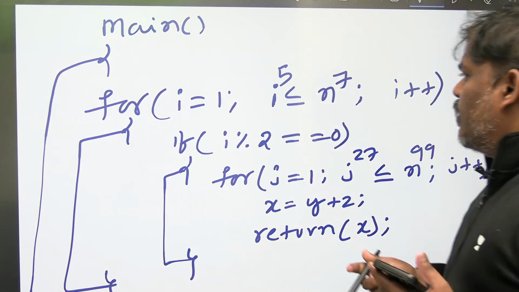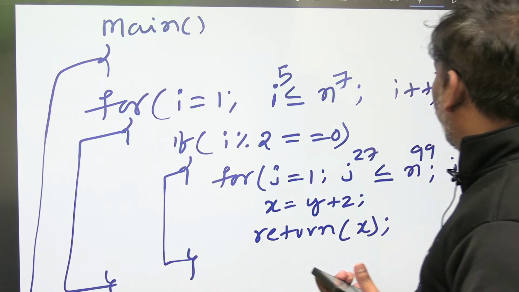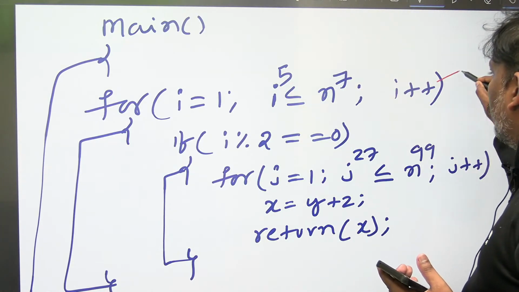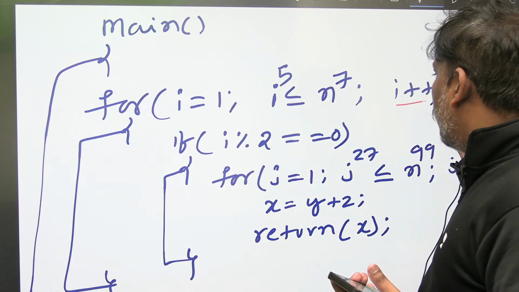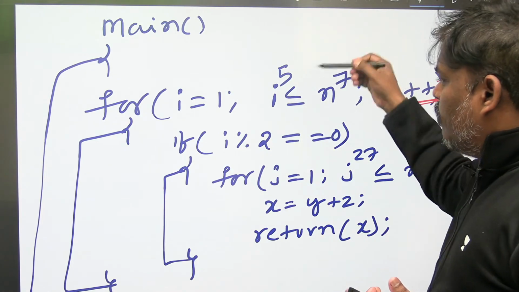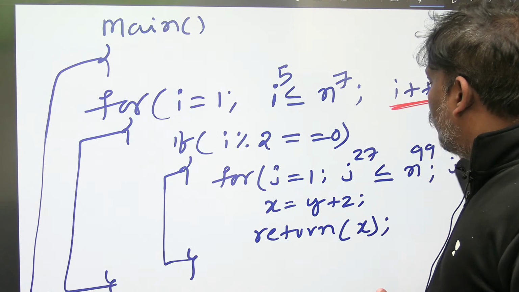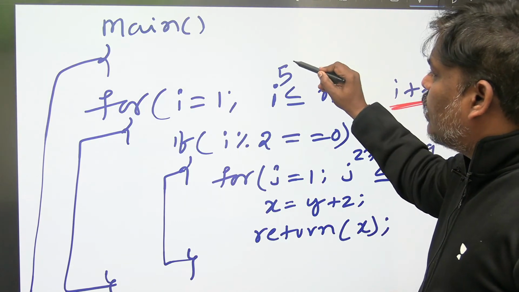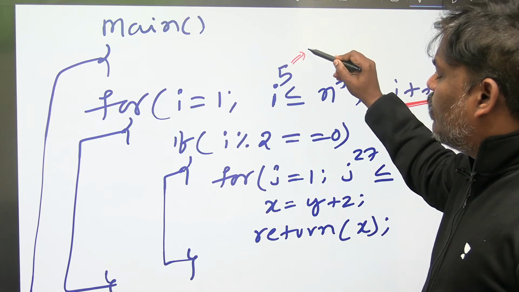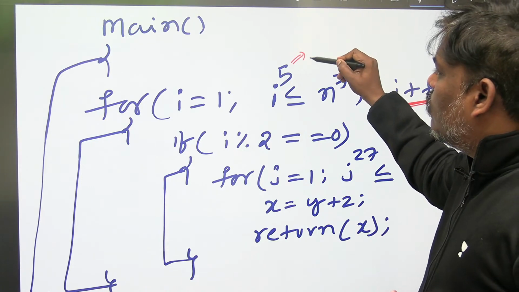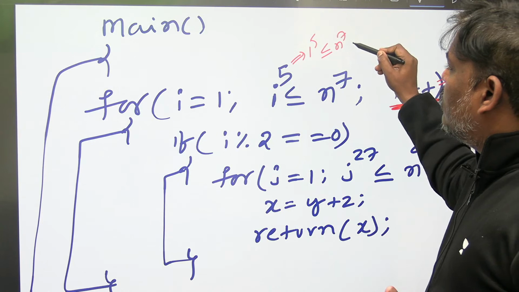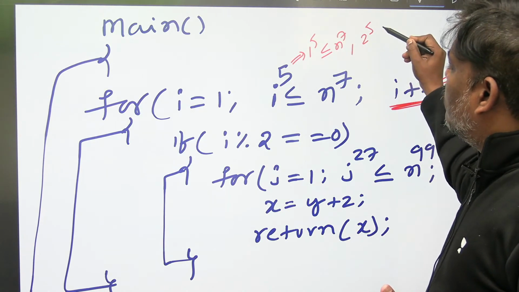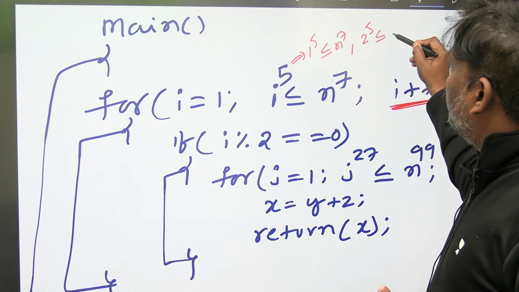Let me calculate. Listen everyone now. This loop is repeating how many times? i is always incrementing by 1, but at condition checking time, 1 power 5 less than or equal to n power 7 you will check. Next, 2 power 5 less than or equal to n power 7.